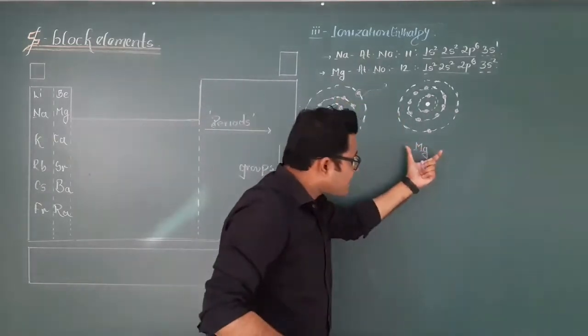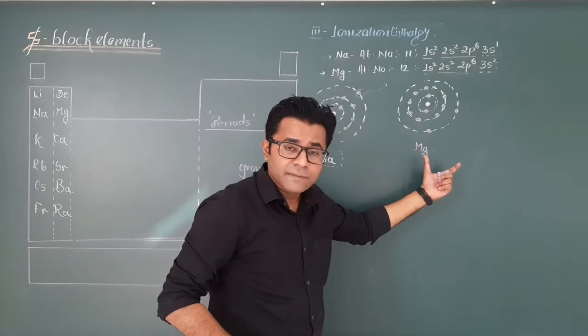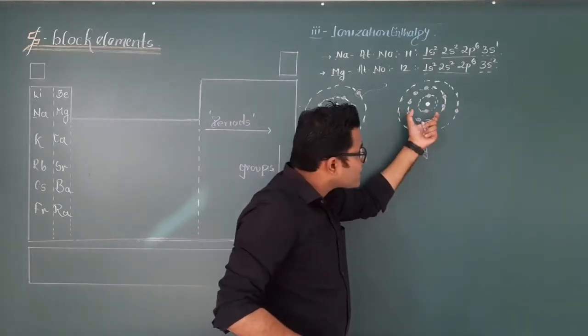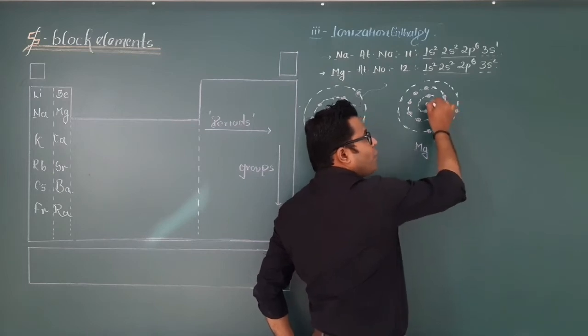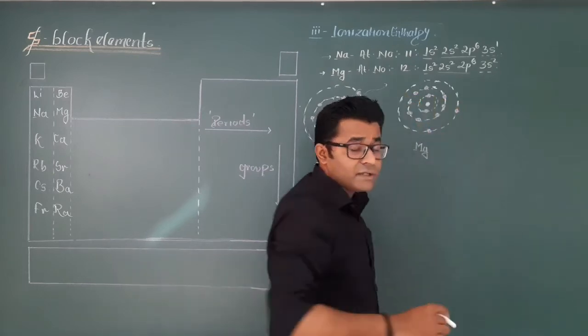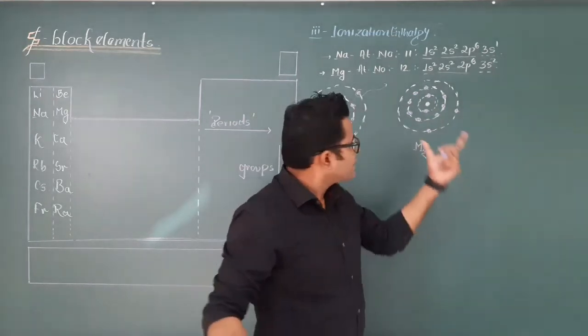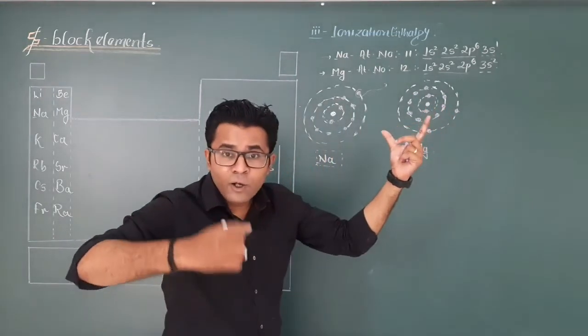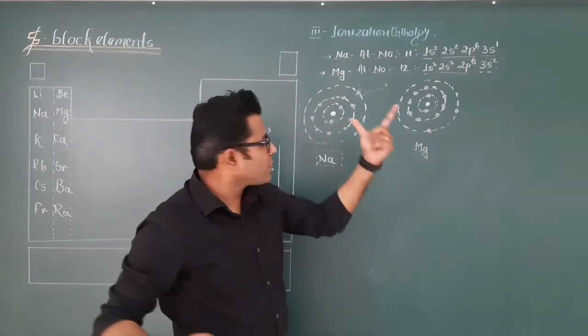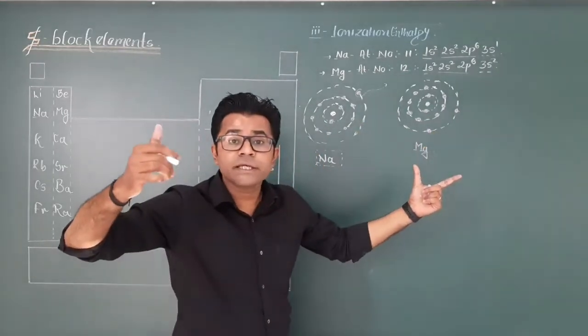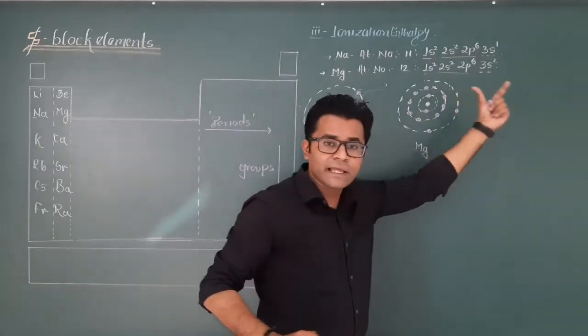So in these alkaline earth metals, because of the shrinking in size, the electrons are held more strongly by the nucleus. The nuclear charge has increased. These electrons are pulled more strongly, so it requires more energy to remove an electron.